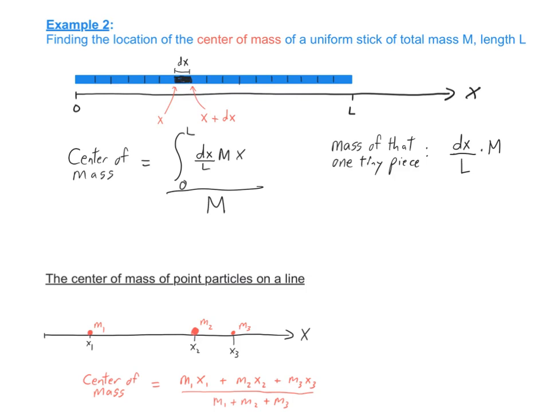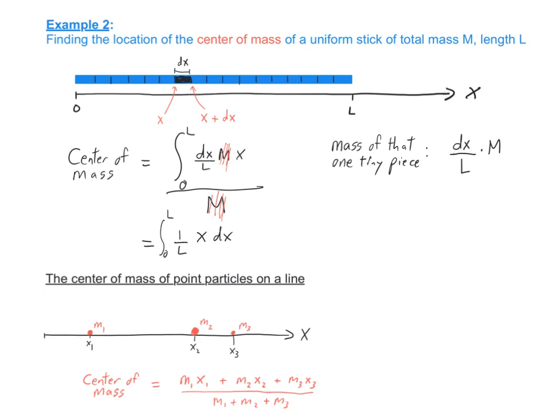Now, if we want to, we can complete this picture and evaluate this integral, and we can do that as follows. First, note that this mass here and this mass here cancel each other out, and so I can rewrite this integral, if I like, as the integral from 0 to L of 1 over L x dx.